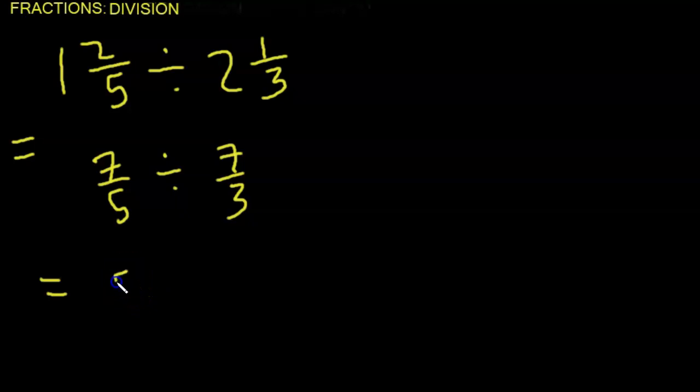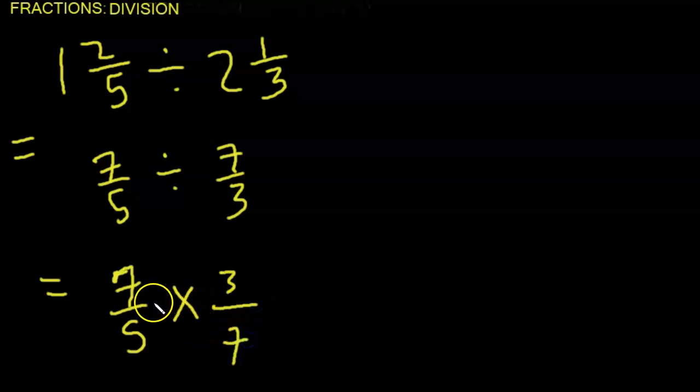So this becomes 7 over 5. I will change the division sign to a multiplication sign, right? And then what do we do next now? Yes, we invert the one on the right hand side to become 3 over 7.